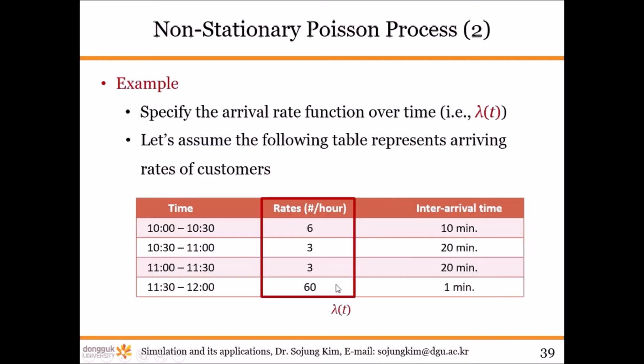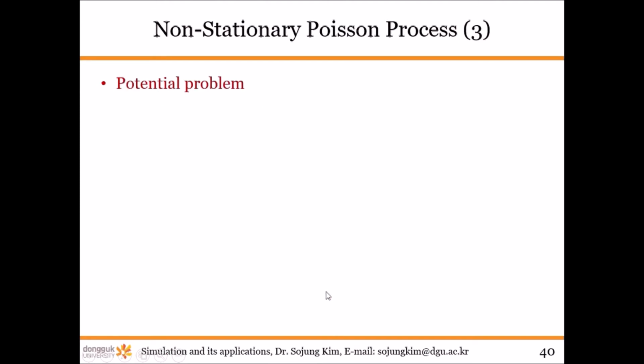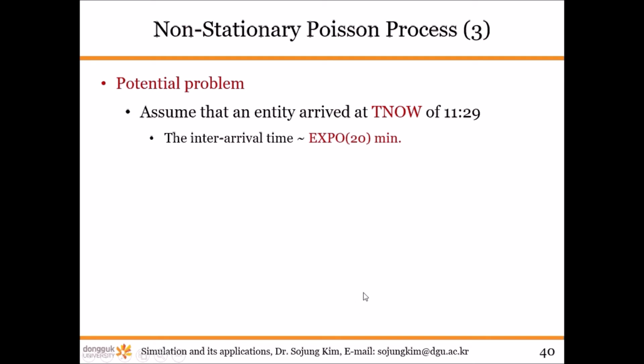So let's assume that we have this table, and there is a potential problem. Let's assume that an entity arrives at 11:29 a.m., and the interval time follows the exponential distribution with a mean of 20 minutes.